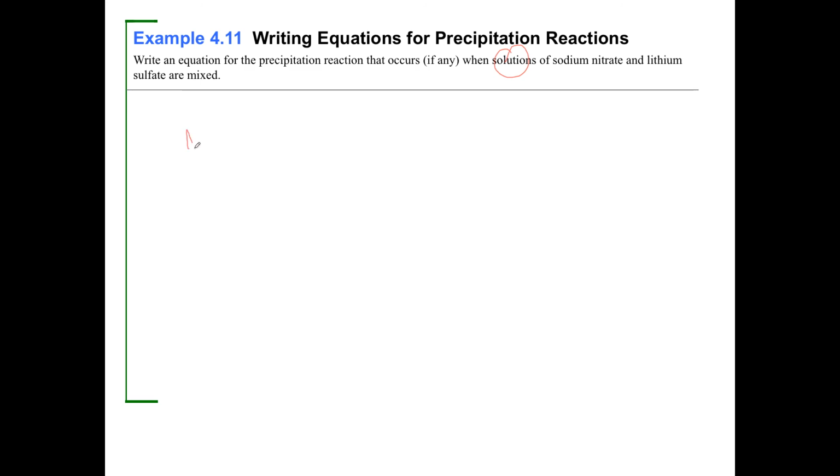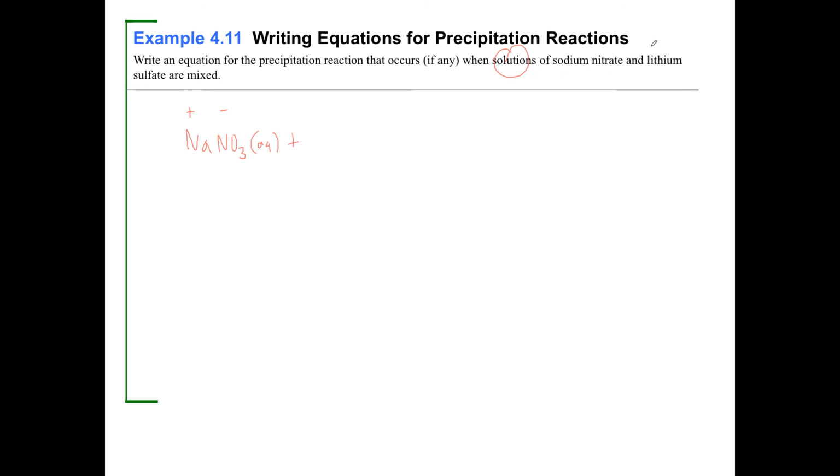So sodium nitrate, I look it up in table 3.4. Nitrate has a -1 charge, sodium has a +1, so this is the correct formula for sodium nitrate, and it's aqueous, plus lithium sulfate.